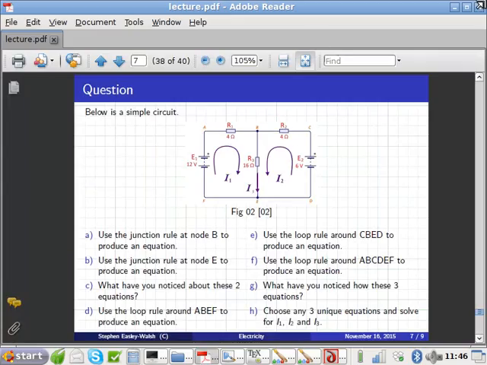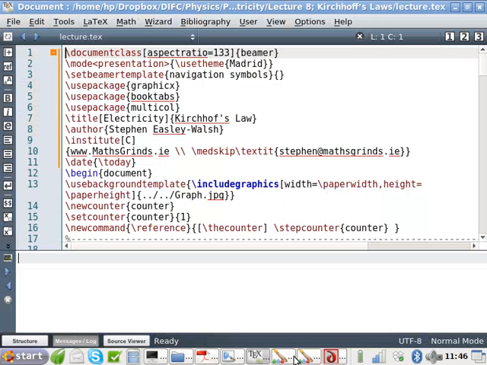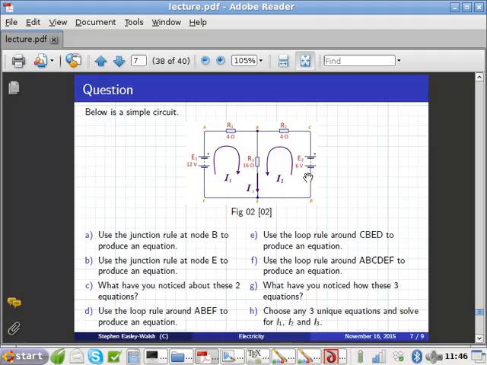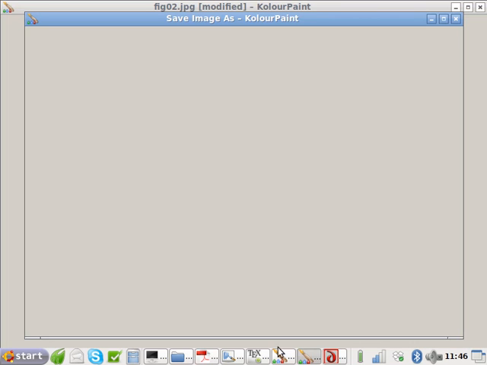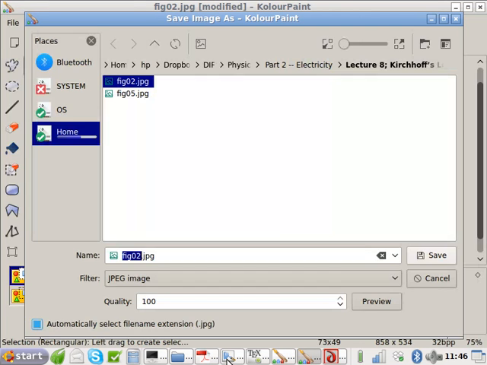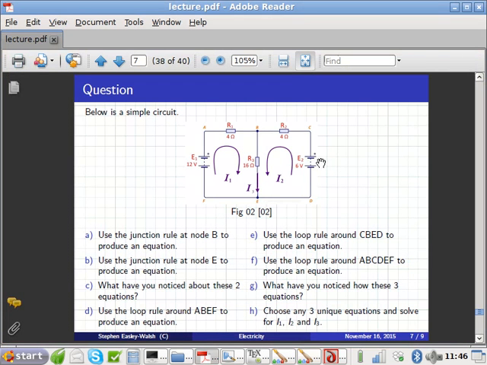Sorry, do you need to draw something here? This is plus and this is minus, yeah? Because this is minus, it means the current is going down.